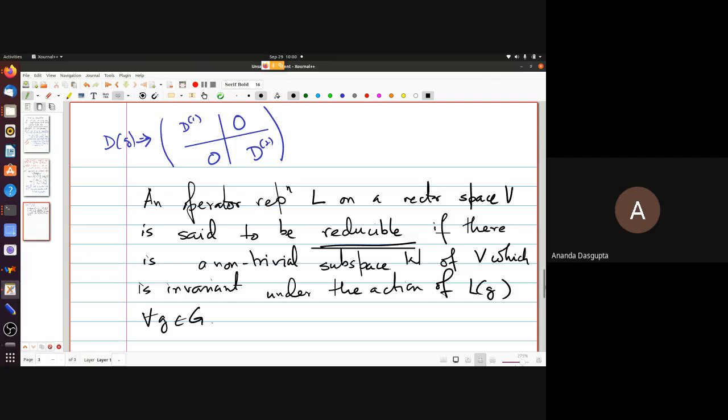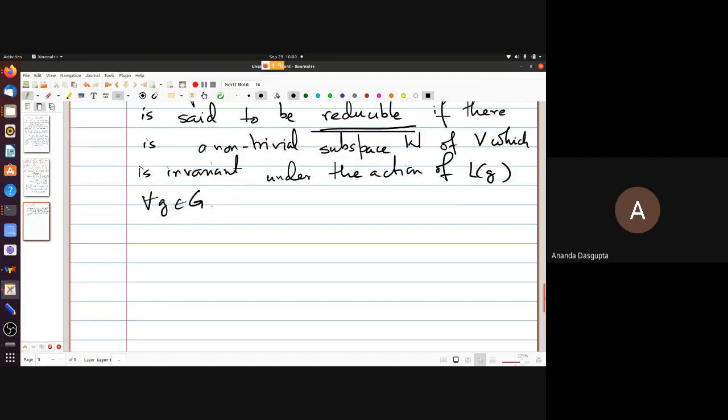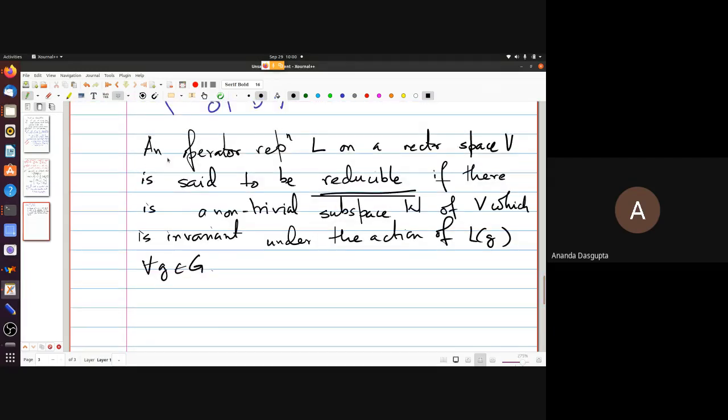So this is our definition of reducibility. If there exists a non-trivial invariant subspace W, then L is reducible.